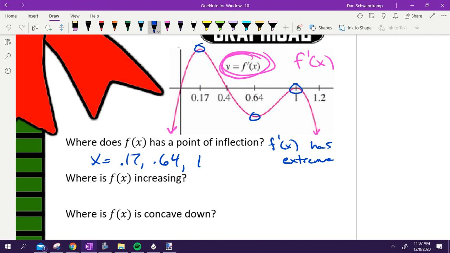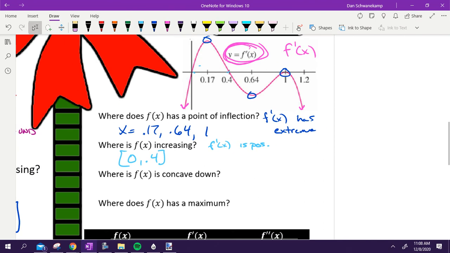F is increasing. Taylor, what are we looking for if f is increasing on an f prime graph? Where f prime is positive. Good. When is f prime positive on this thing? Yep, 0 to 0.4. Good. Right there to right there. That's the only time when I'm above the x-axis.